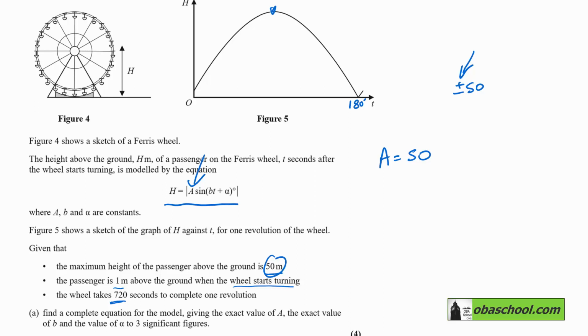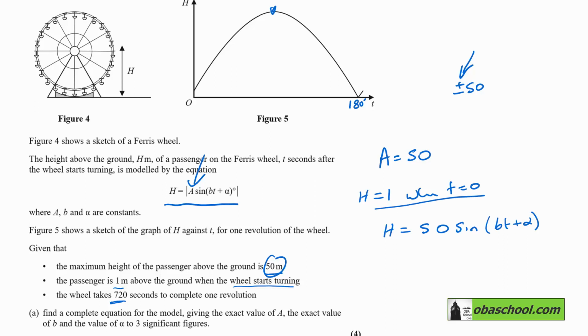Now, h is equal to 1 when t is equal to 0. So at the moment, we have h is equal to, let's ignore the modulus because it's going to be positive in this first bit anyway, so that is going to be 50 sine bt plus alpha.